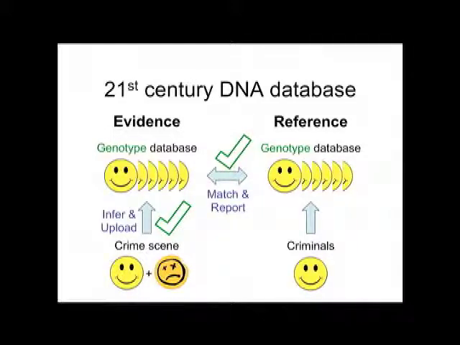So you get the benefit of all the sensitivity of getting all mixture evidence uploaded into a database, along with the specificity of not having false hits. And the result is more accurate and more precise DNA databases based on genotypes and math instead of lists of alleles and heuristics.